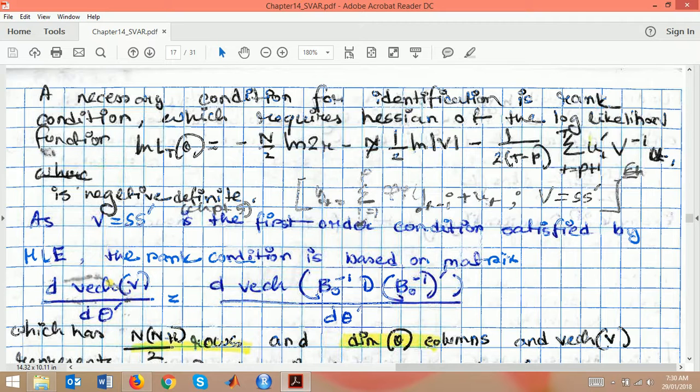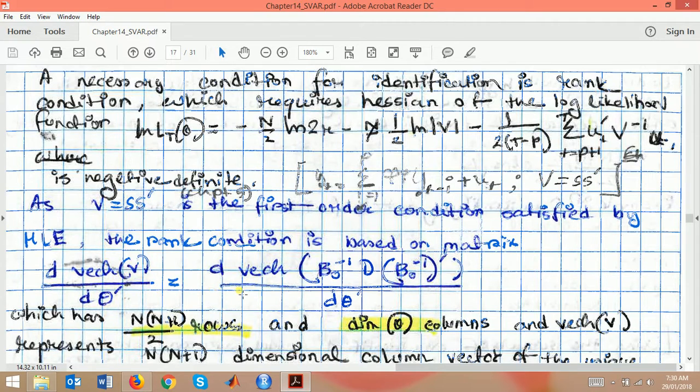It vectorizes a symmetric matrix by retaining only the lower triangular portion of the matrix. Vec is a system of vectorizing a symmetric matrix that retains only the lower triangular portion of the matrix. So it's kind of like a system of stacking columns of X on and below a diagonal.